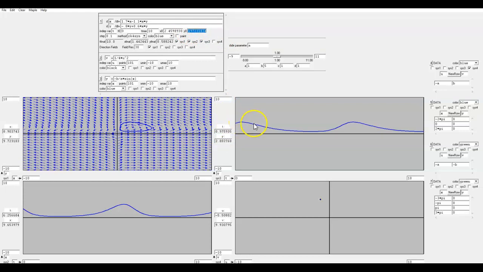So you can see that the population begins to decrease initially, but then comes back up over time. This is our predator population. Our prey population, right now we have selected as our initial condition at time 0, x is 2.46. And if I come to this point, you can see that's about 0, 2.46.